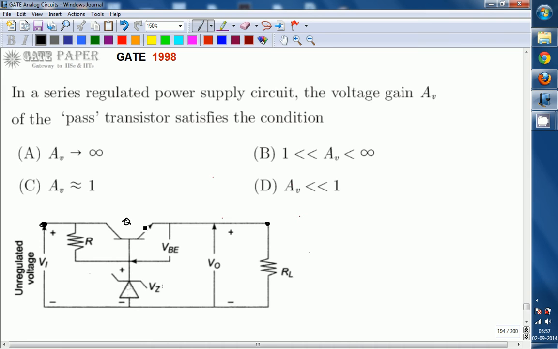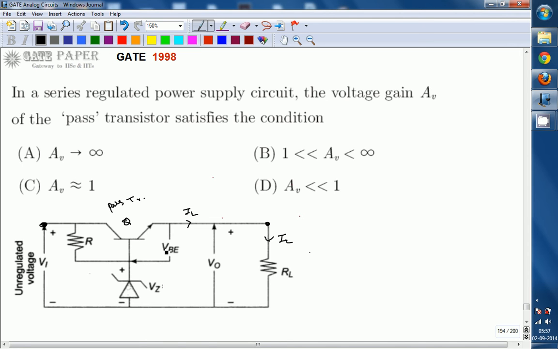Q is called the pass transistor since it passes the required load current. Whatever the required load current, it is supplied by this transistor itself. There is no other connection. RL is directly connected to the emitter of Q, and the emitter of Q supplies the required load current, so Q is called the pass transistor as it passes or supplies the required load current.